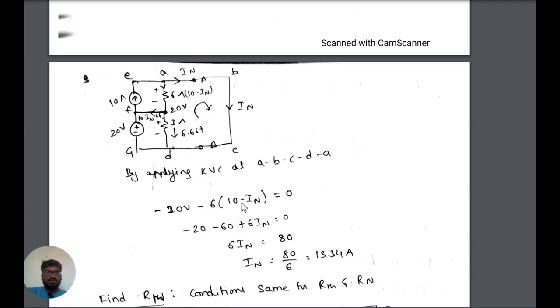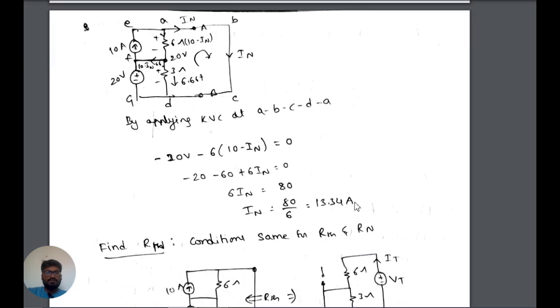Minus 6 into (10 minus IN), as 10 amps is coming and IN is dividing here, so the remaining current is 10 minus IN, and 6 is the resistor. From this we got IN as 13.34.